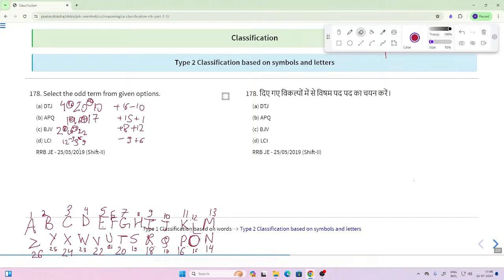Okay, so I think maybe B. It seems the most arbitrary, the weirdest. In the rest, all the differences are even, but in this one it's odd.